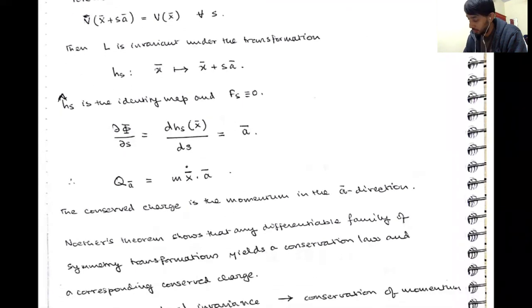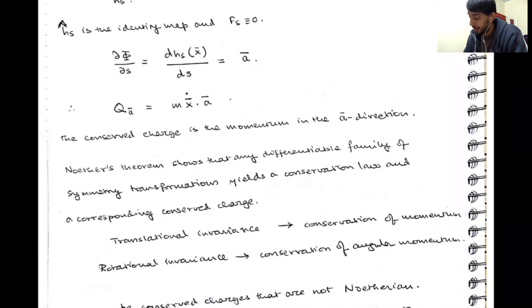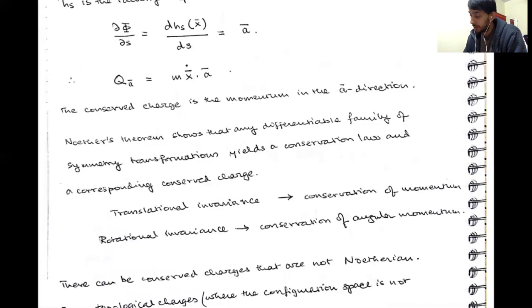It's done for you in here, but let's just say Noether's theorem shows us that if you have a differentiable family of symmetry transformations, any such thing yields a conservation law, and it yields a corresponding conserved charge.